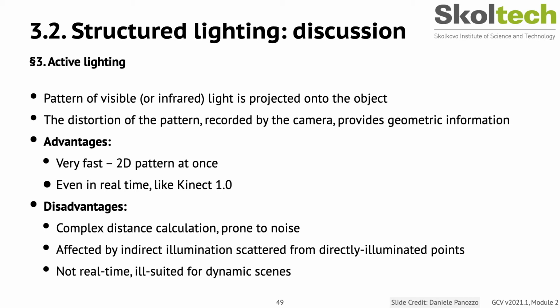It is possible to even perform in real time using devices such as Kinect version 1. However, structured light suffers from noise due to complex distance calculation and is also affected by indirect illumination scattered from directly illuminated points. It is also typically not real-time and ill-suited for dynamic scenes.